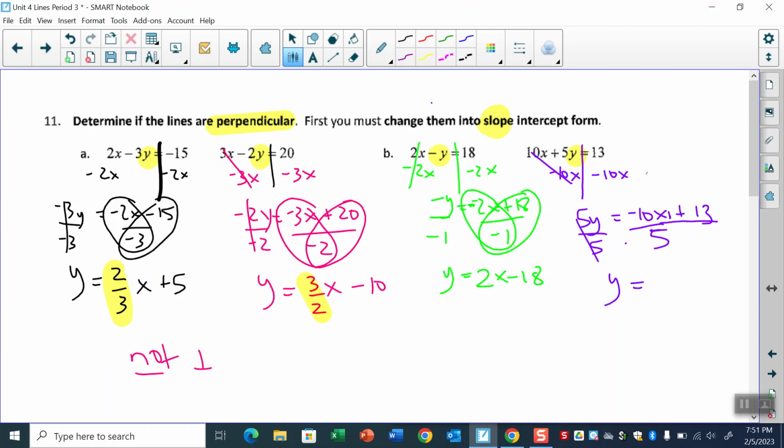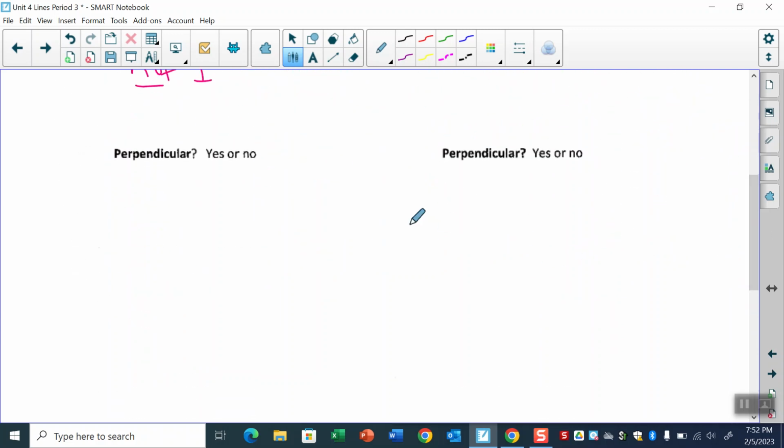I get y equals, now that's going to be negative 2. And then I know right there they're not perpendicular, because one is positive, one's negative, but they're not reciprocals. So this is not perpendicular. And here's my y-intercept. So both of them are no, they are not perpendicular.